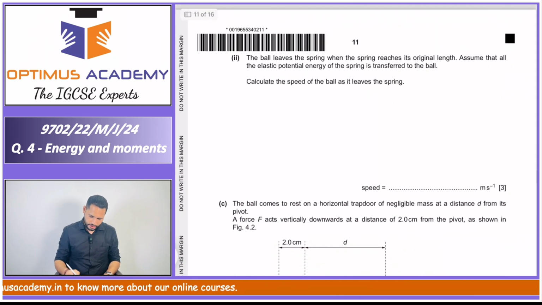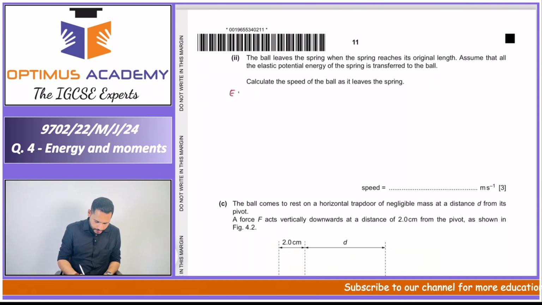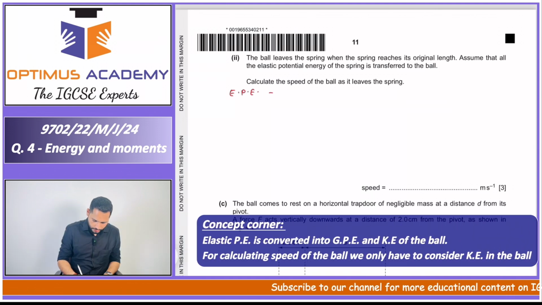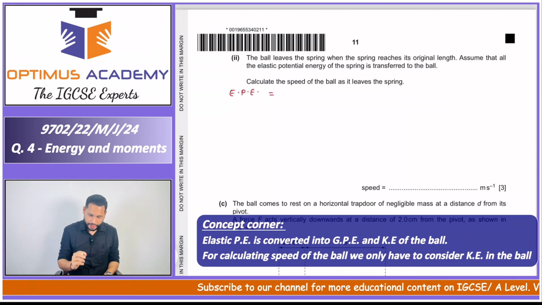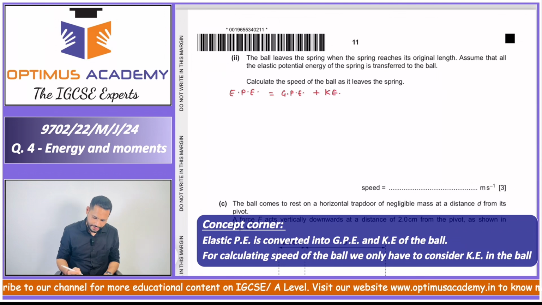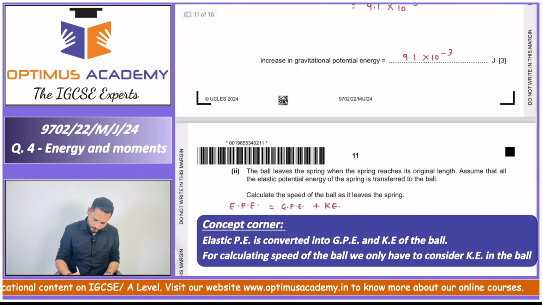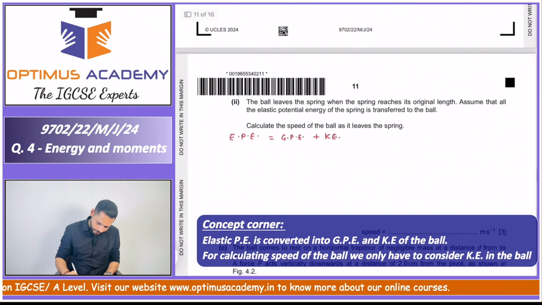Now, next question. The ball leaves the spring when the spring reaches its original length. Assume that all the elastic potential energy of the spring is transferred to the ball. Calculate the speed of the ball as it leaves the spring. Now note that the initial elastic potential energy of the spring is converted into two parts, that is gravitational potential energy gained by the ball, and the remaining energy will be given as kinetic energy to the ball. We already know the value of elastic potential energy, that is 0.093.